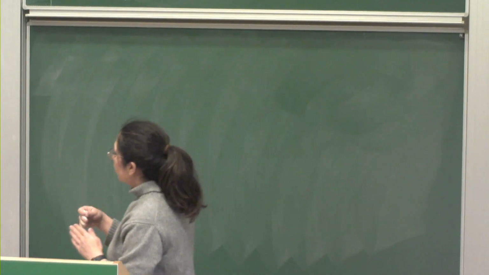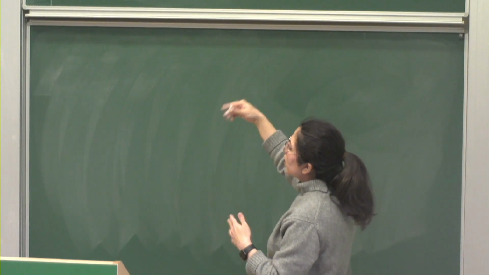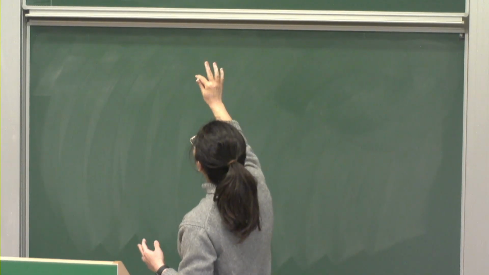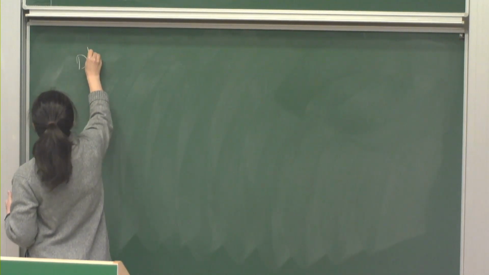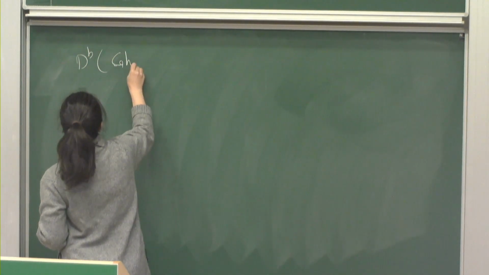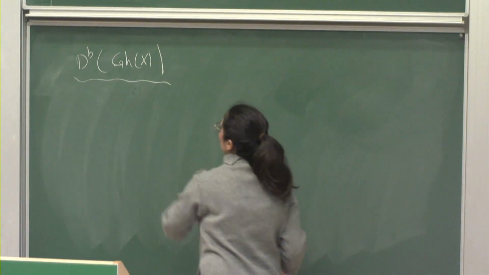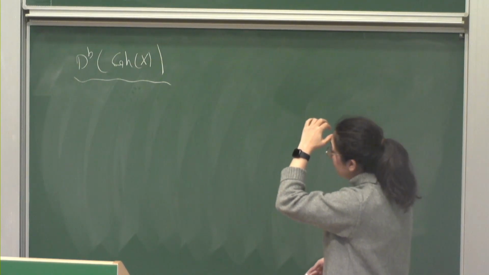The original idea of Bridgeland stability condition was defined on any arbitrary triangulated category, but since I want to have a more geometric taste, I only concentrate on the bounded derived category of coherent sheaves on X. So from now on I concentrate only on this triangulated category.